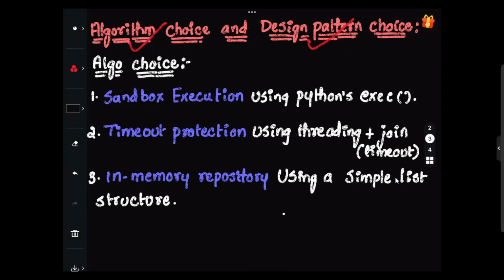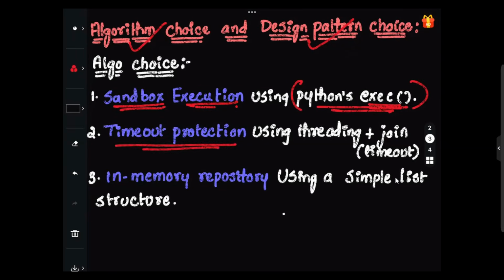Mainly based on the requirements that we have discussed, functional as well as non-functional, according to the question, I found these approaches that we can make use of. Rather than algorithms, it's approach. So we can go with the sandbox execution using Python's exec, right?